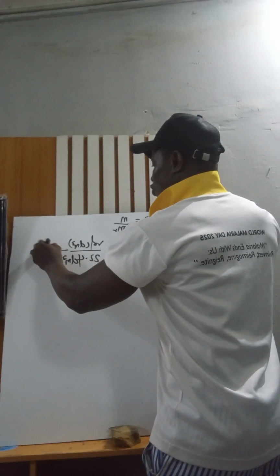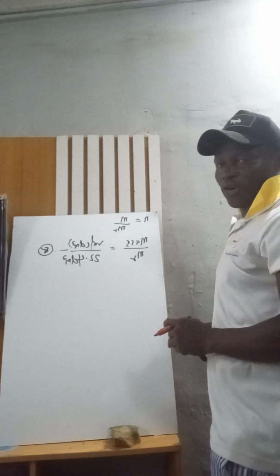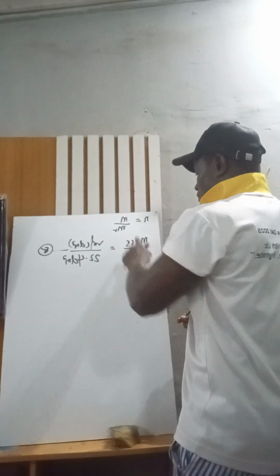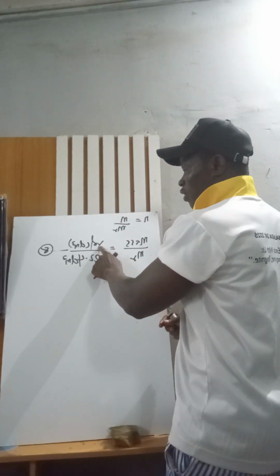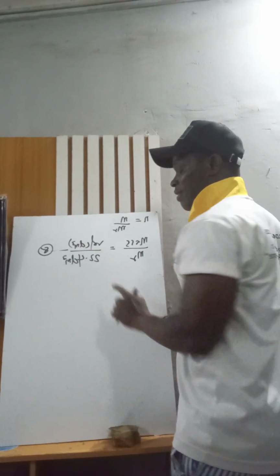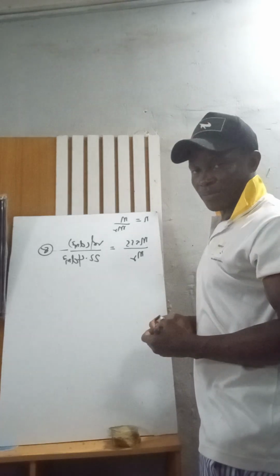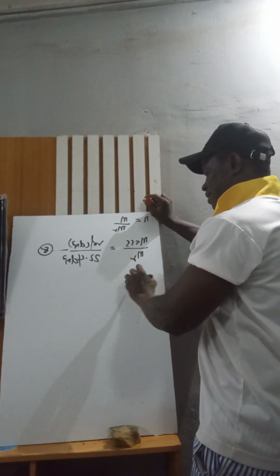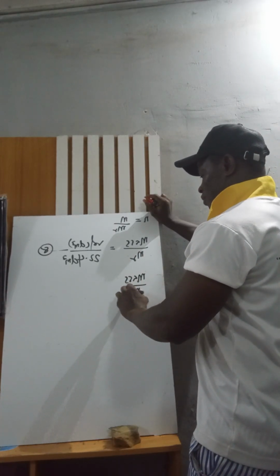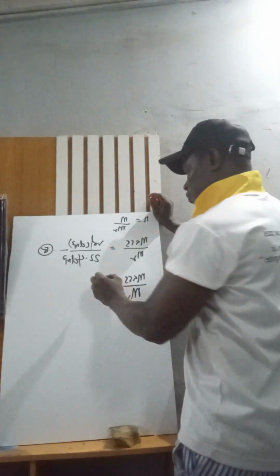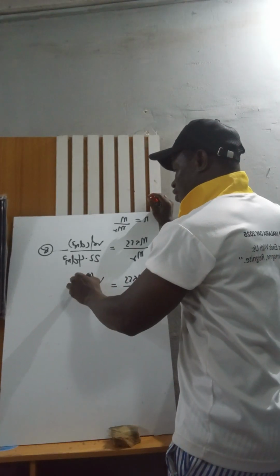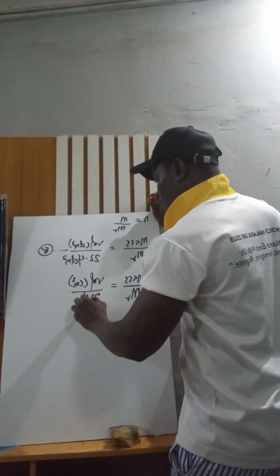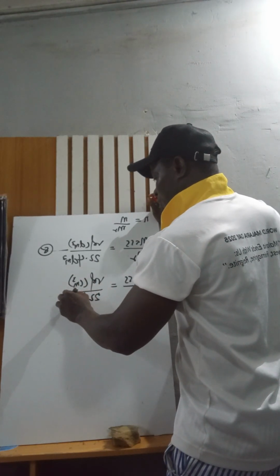I call that one equation 8. So equation 8 is mass over molar mass equal to volume in dm cube divided by 22.4 dm cube. All right, equation 9 is going to be mass over molar mass equal to volume, where the volume is in cm cube, divided by 22400 cm cube.